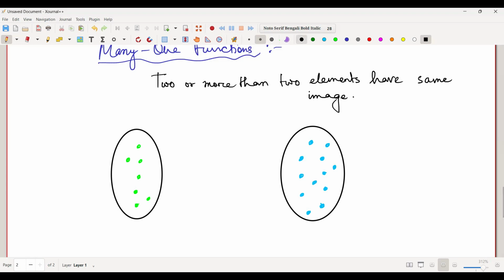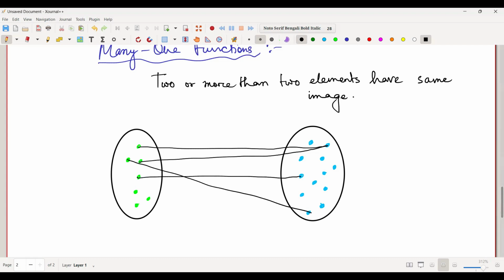Okay, this element maps to this element. These elements also map to this element. This element maps to this element. This element maps to this element. This element also goes to this element. This element goes to this element. And this element also goes to this element.